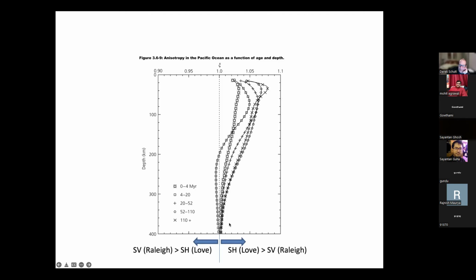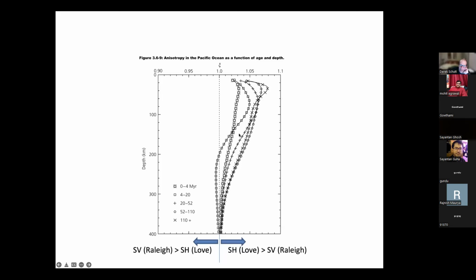We can measure this by looking at the relative arrival times of Love waves and Rayleigh waves as a function of wave frequency. You'll recall that Rayleigh waves and Love waves are both sensitive to deeper and deeper structure when you go to longer and longer wave periods.